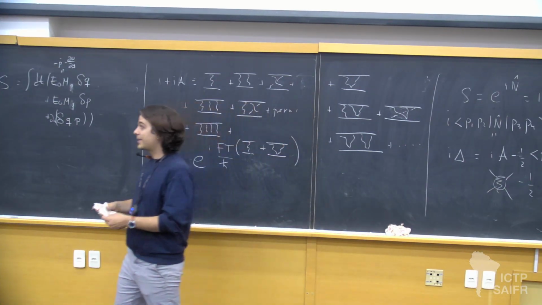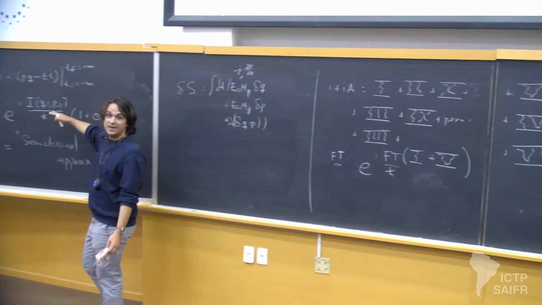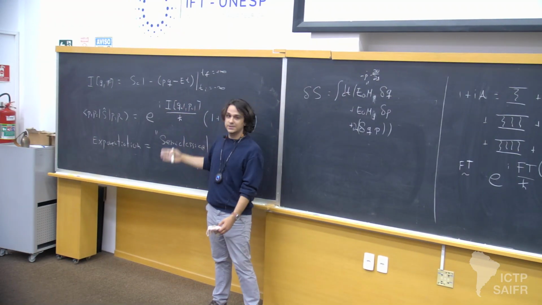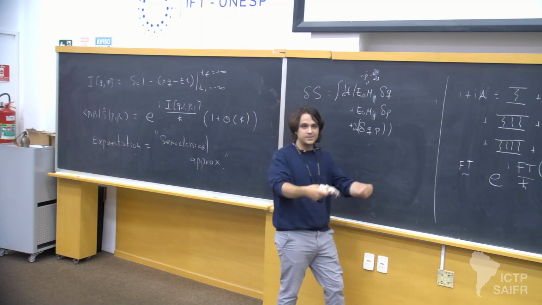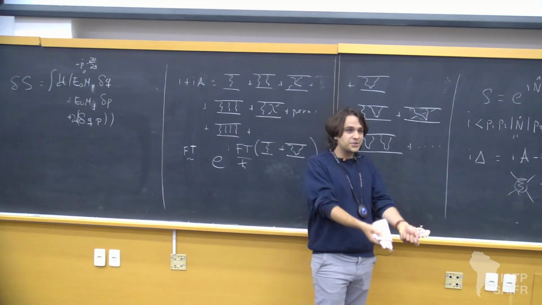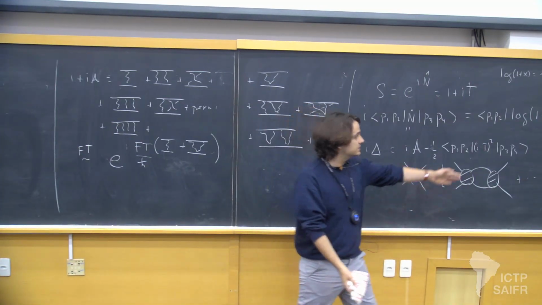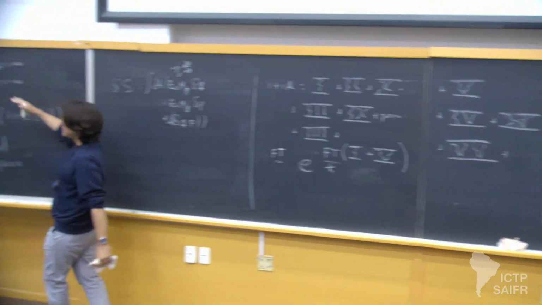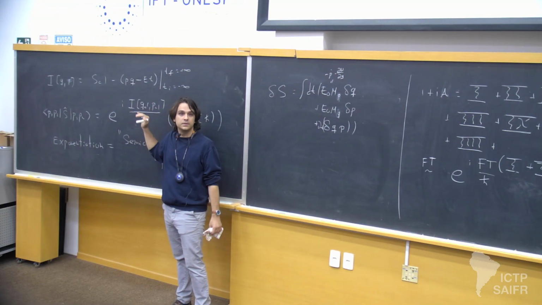I could have computed that solution. The amplitude gave me this object directly, the on-shell action. Alternatively, you could have coupled two world lines to GR, solved the classical equations of motion, and plugged them into the action from the world lines, which is this thing here, and you would have gotten the same result.